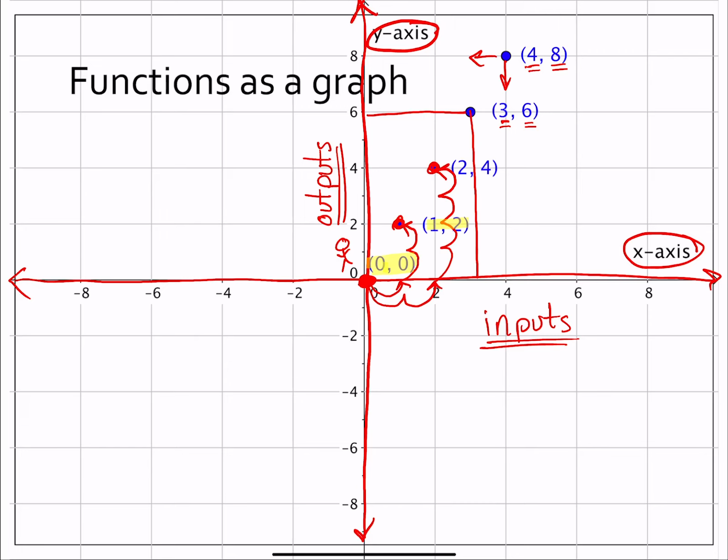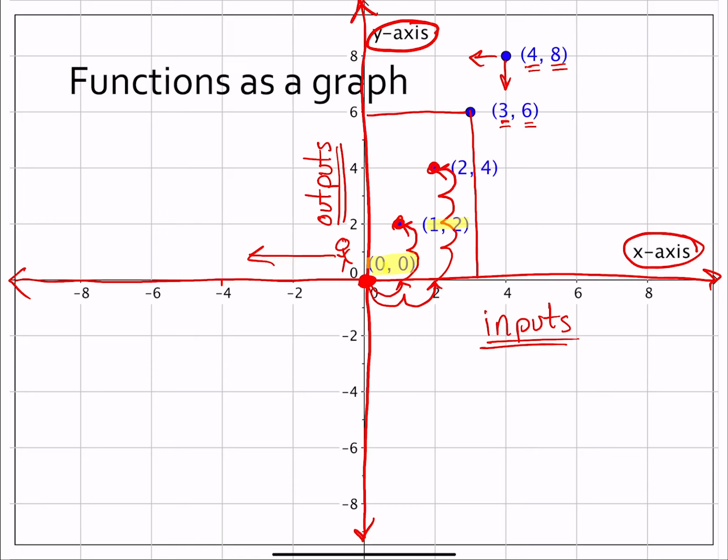What if we wanted to find a point that was -4, -6? Well, what will we do? We're here. First, we're going negative, so we're going this way, right? And we walk over until we get to our input place. Here is our input place right here, and then we go down until we get to our output.